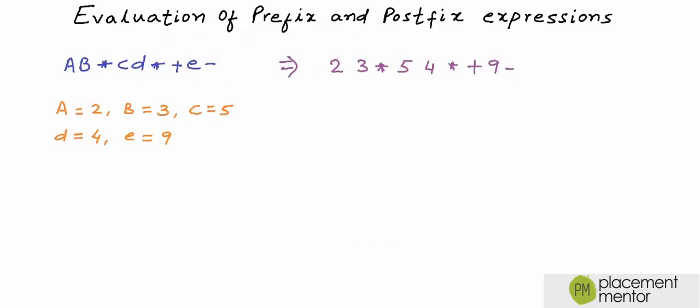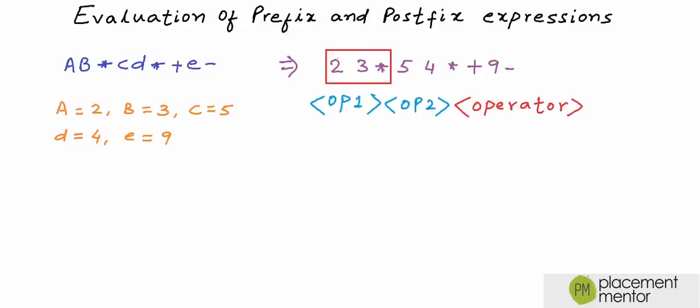What you need to do is scan the expression from left to right and find the first occurrence of an operator. Like here, multiplication is the first operator. In postfix expression, operands of an operator will always lie to its left. For the first operator, the preceding two entities will always be operands. You need to look for the first occurrence of this pattern, operand, operand, operator, in the expression.